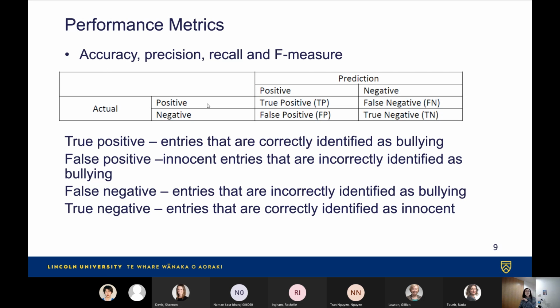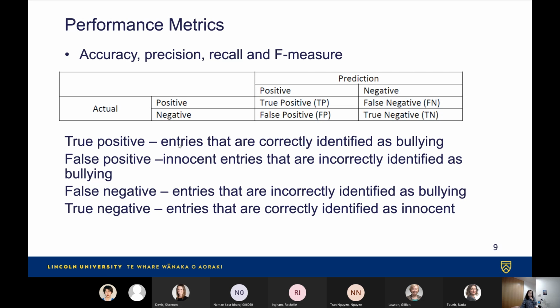So here we have positive or negative. If you're able to guess it, then it's called true positive. If you say that the positive is a negative, it's called false negative. And then if it's a negative, but you say it's positive, it's false positive. Then if it's a negative and you did guess it as negative, then it is a true negative.